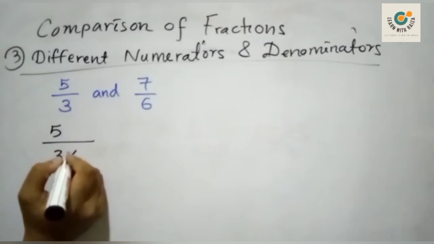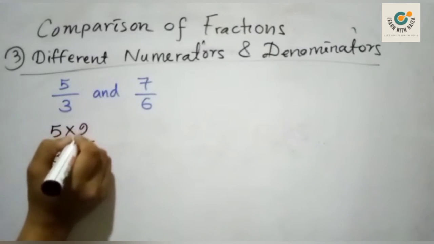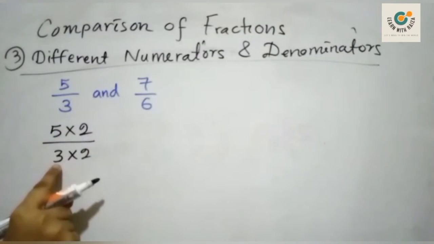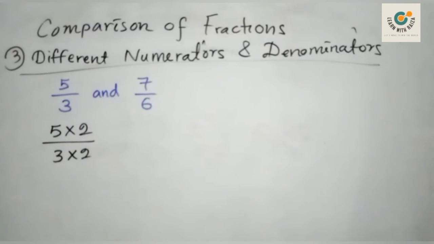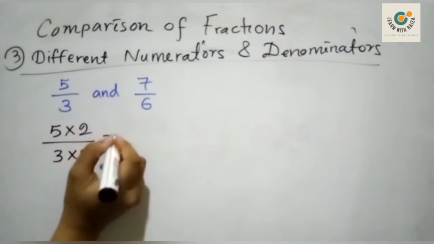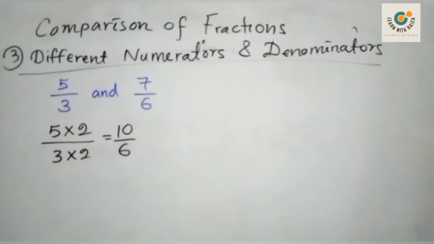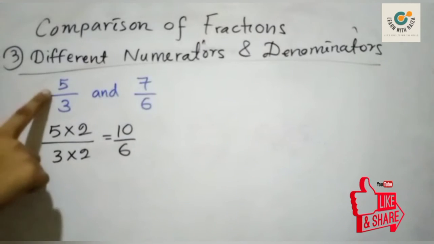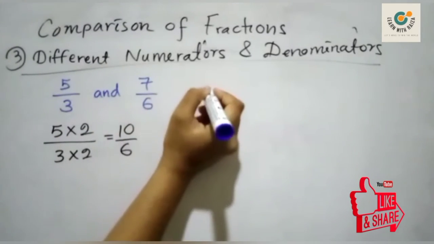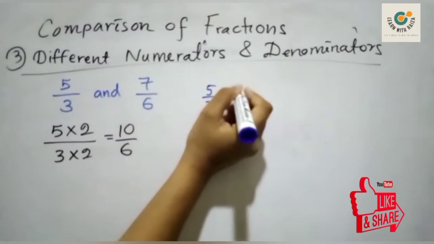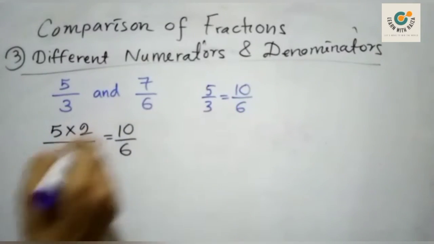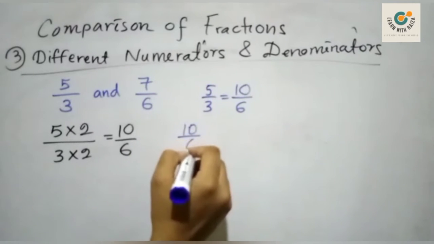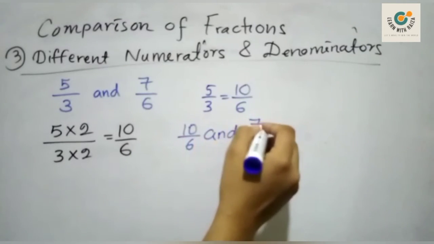By multiplying by 2, you can make it 6. But remember, when you do any effect for the denominator, same effect should be done for the numerator. So you are getting the new fraction as 10 over 6.